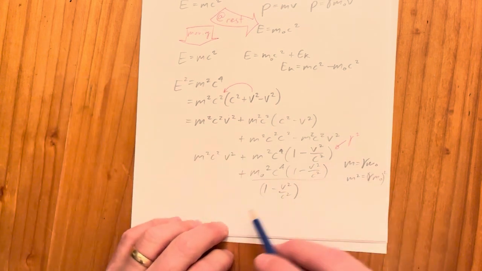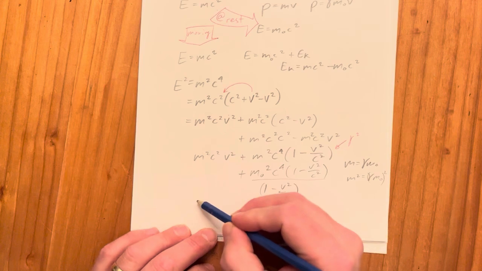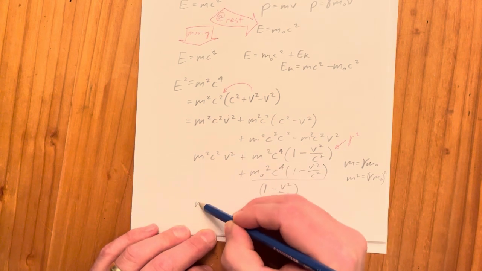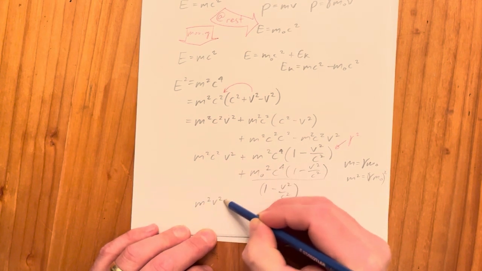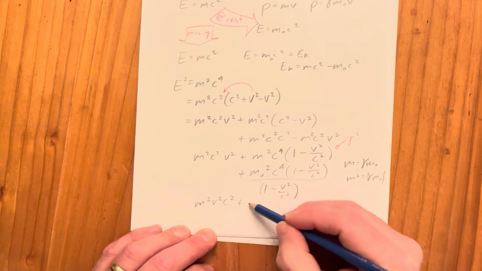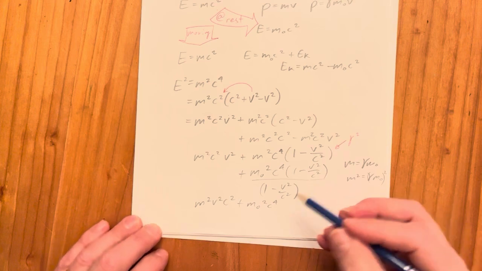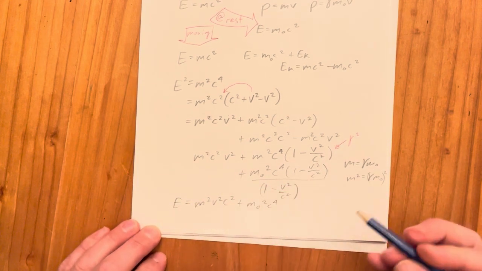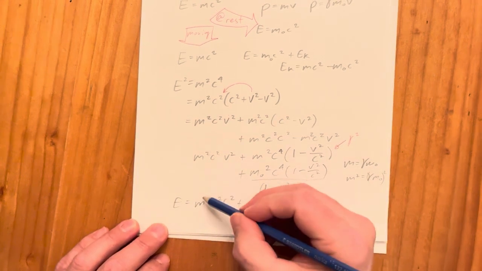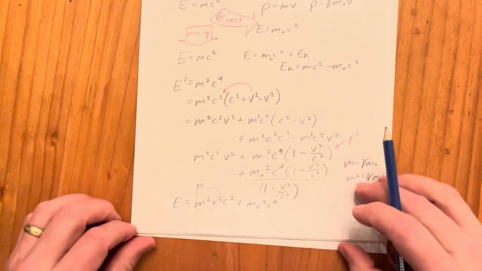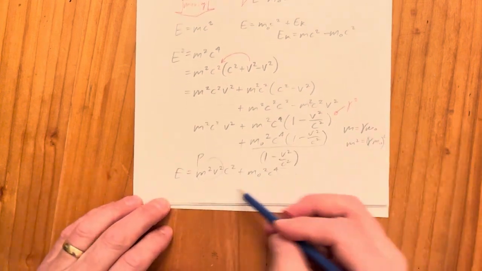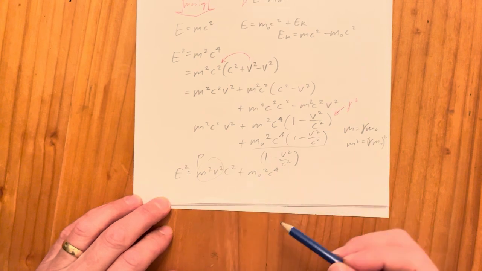So these cancel, and you end up with, and I'm going to rearrange this a little bit, m squared v squared c squared plus m naught squared c to the fourth. And so your total energy, this being momentum, this gets us to our last, and sorry, this is E squared.